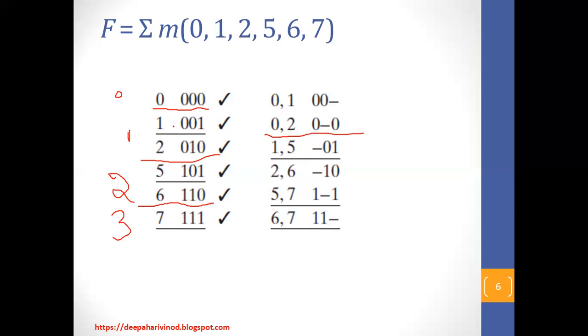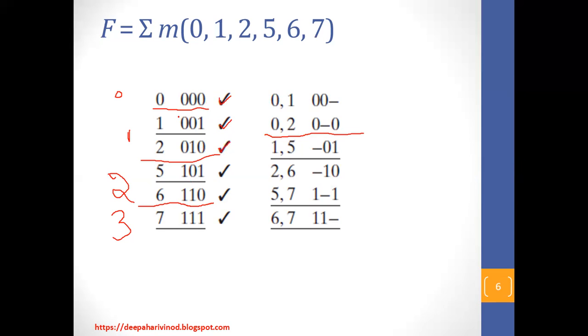So 1, you have binary combination 0, 0, 1 with 5, 1, 0, 1. So the first bit changes, the rest it is 0, 1. So 1, 5, write down the decimal and then mark dash 0, 1. So once you compare, put a tick mark, that is 0 you compared with 1 and 2.